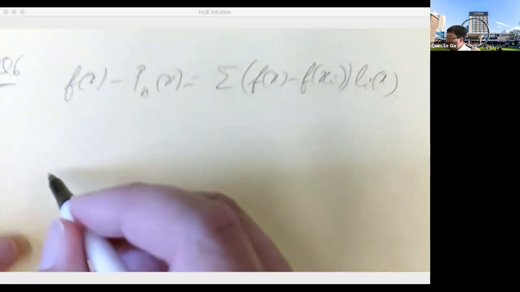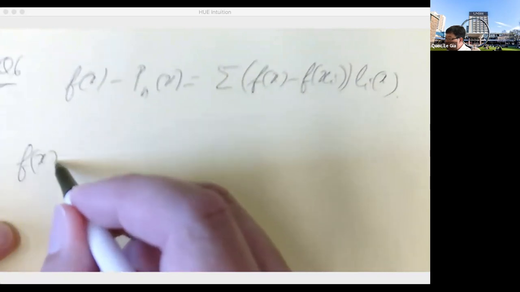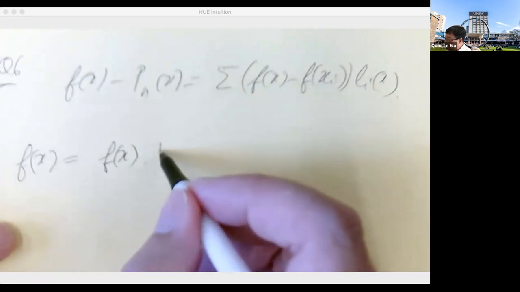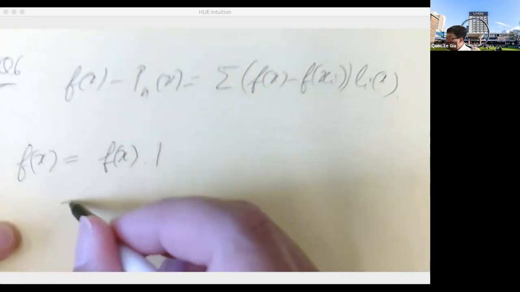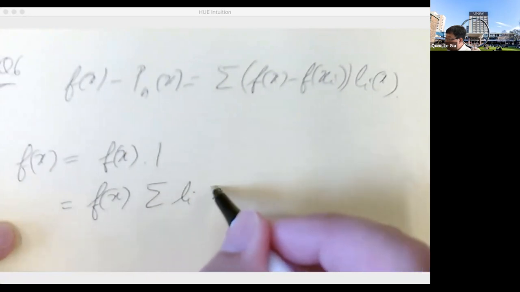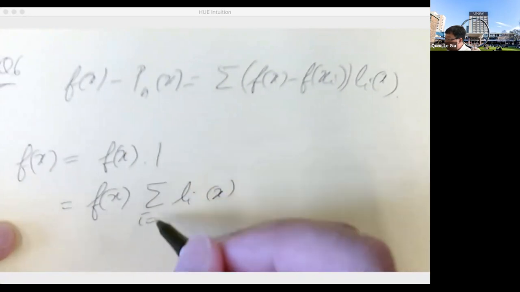So we just have f of x equal to f of x multiplied by 1, right? And remember, we just proved that the sum of li equals 1.